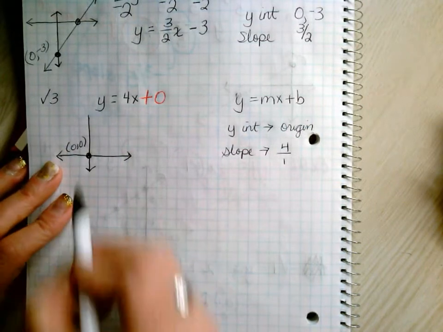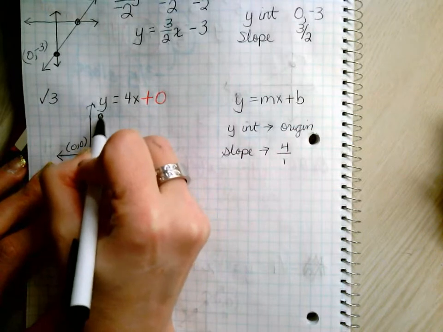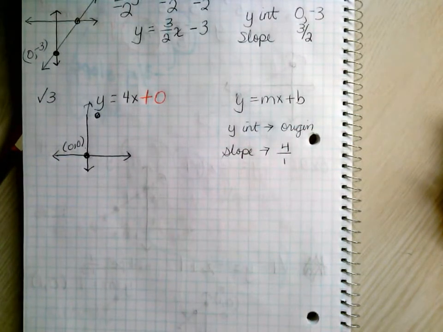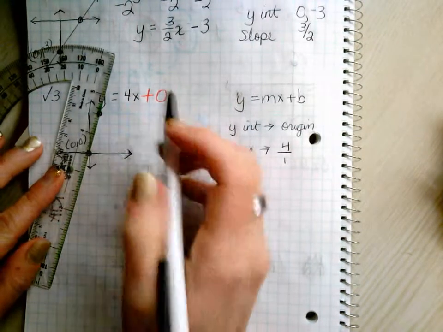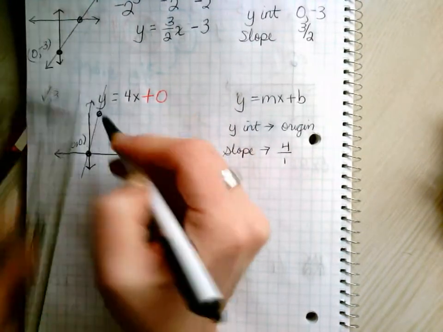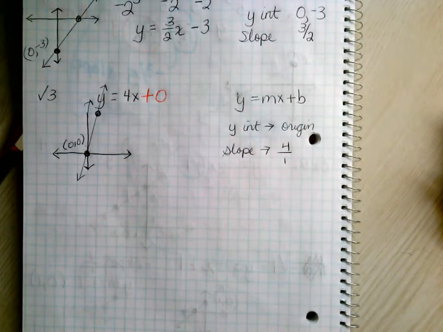Up 4, right 1. 1, 2, 3, 4, 1. Very steep. The larger the number, the steeper the slope, by the way. So if it was like 10, it would be up 10/1. Super steep slope. Okay, there's checkpoint 3.